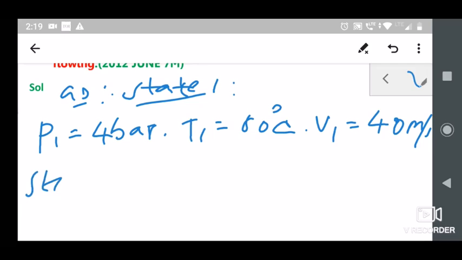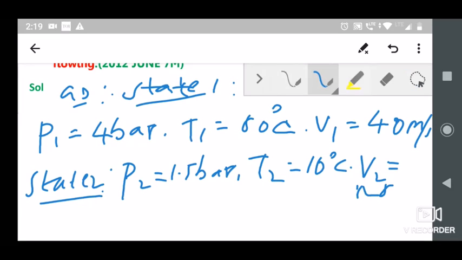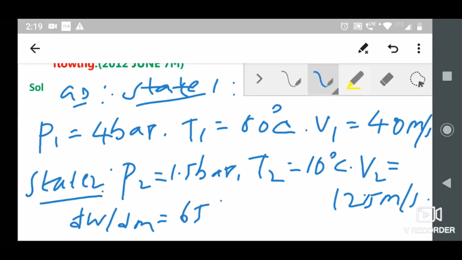And at state 2, P2 is given as 1.5 bar and T2 is given as 10 degrees centigrade. V2 is given as 125 meters per second. Also the shaft work, d dash w by dm, is given as 65 kilojoules per kg.